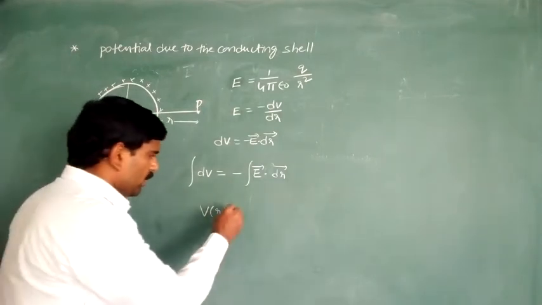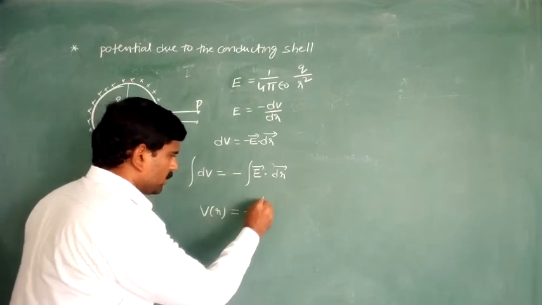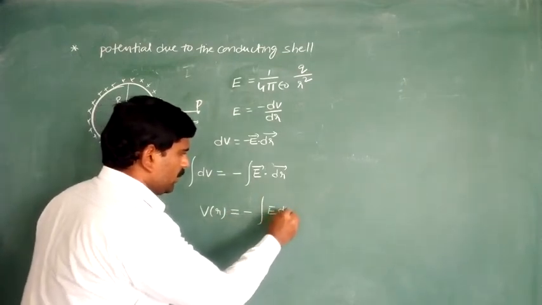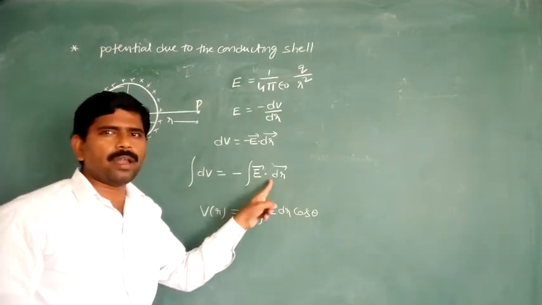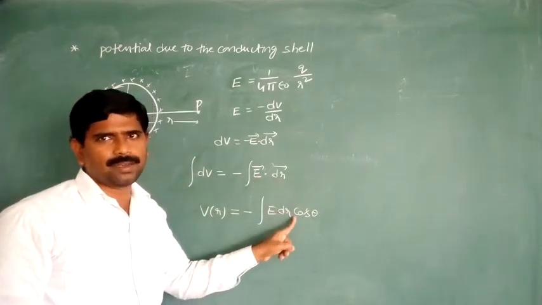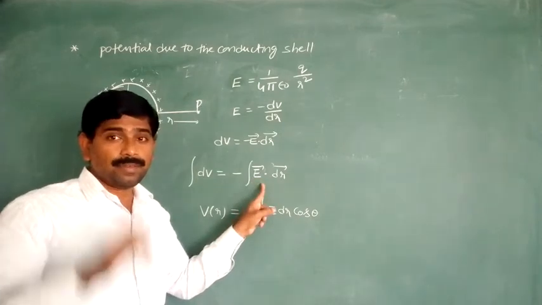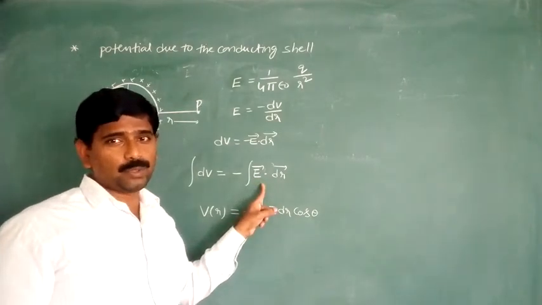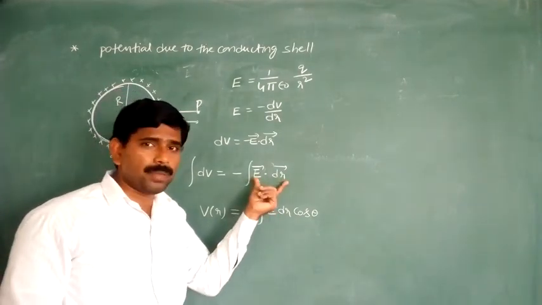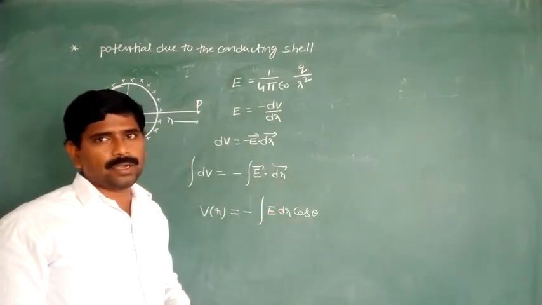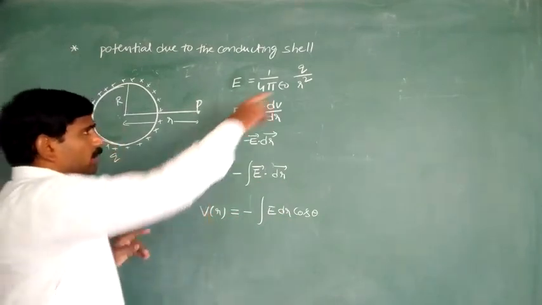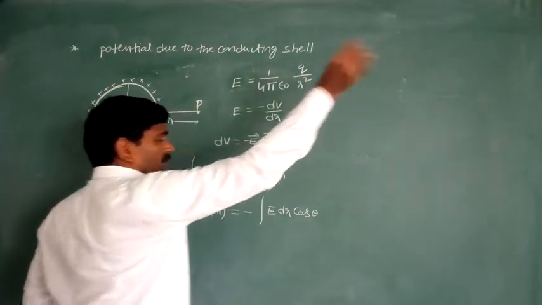So V of r is equal to minus integral of E into dr into cos theta, since A bar dot B bar, the dot product of two vectors, is equal to AB cos theta. But here theta is equal to 0.